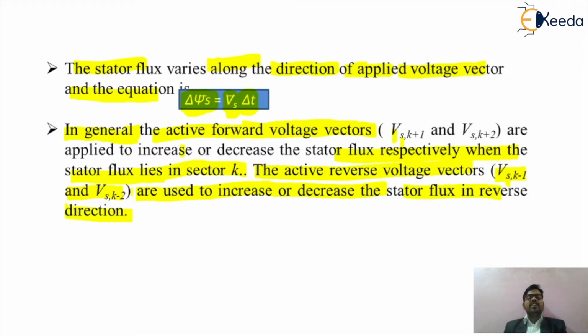So friends, it is a very simple concept: if you use Vs k plus 1 and Vs k plus 2, it is a forward voltage vector, and if you use Vs k minus 1 and Vs k minus 2, the stator flux changes in the reverse direction. That is the very fundamental concept.